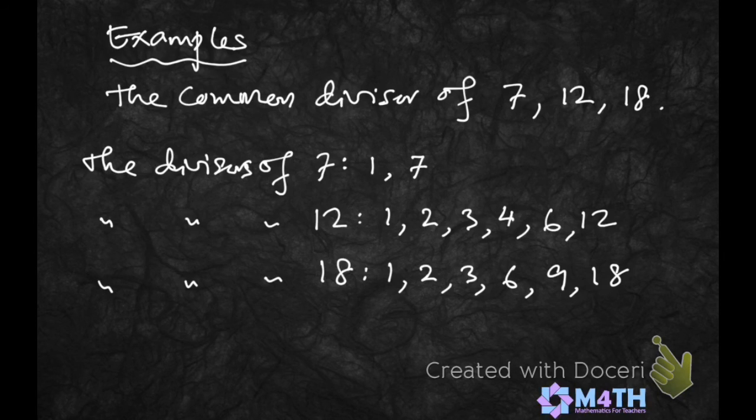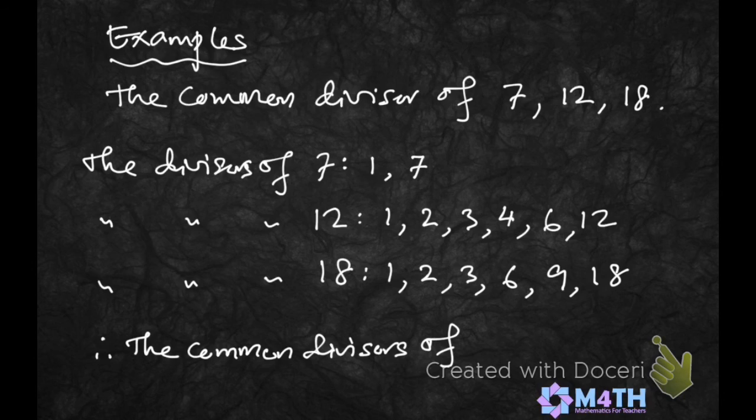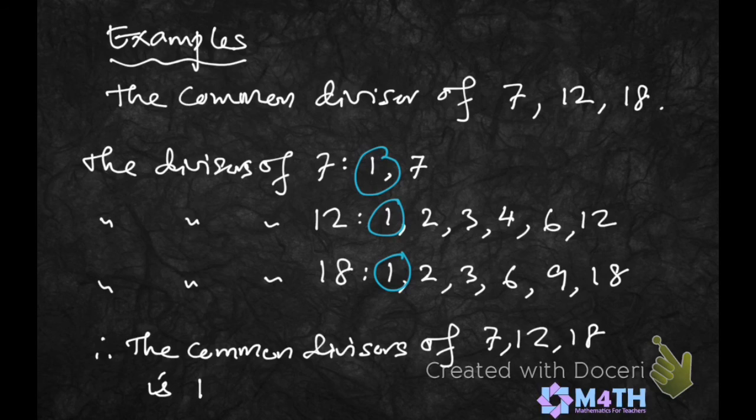And when we check the common divisors of 7, 12, and 18, we have only one common divisor, which is the number 1 itself.